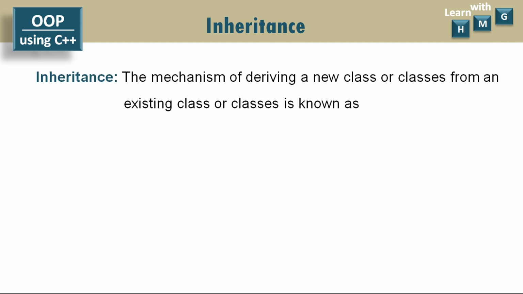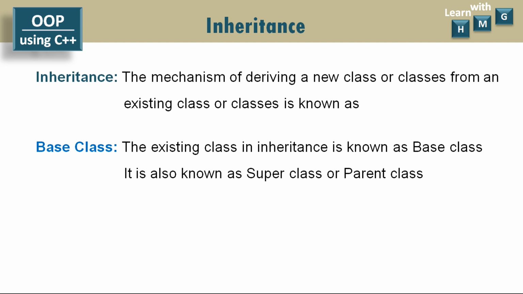Let us go for some more definitions. First definition is inheritance. Now with the help of the previous example, we can write the definition: a mechanism of deriving a new class or classes from an existing class or classes is known as inheritance. In inheritance there are two types of classes. One is the base class. What is a base class?